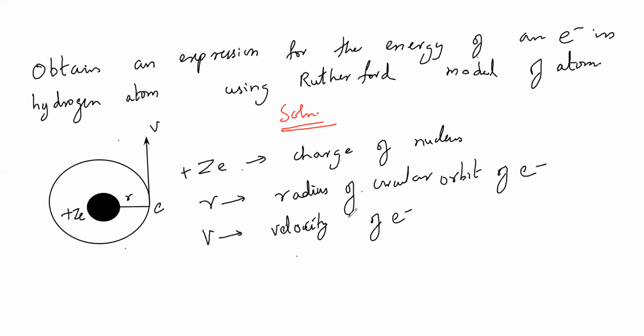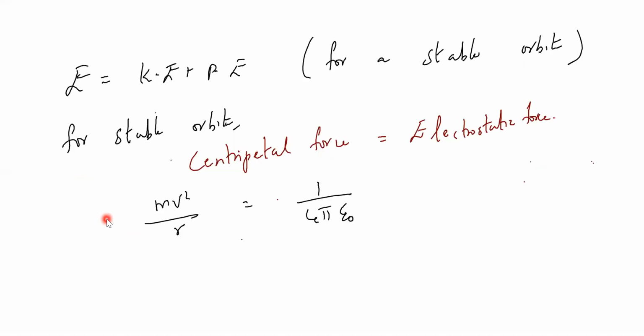One is the electron, and the other is the nucleus charge. So there are two charges available, Q1, Q2. We will make it as Ze and e, Ze into e by r square.